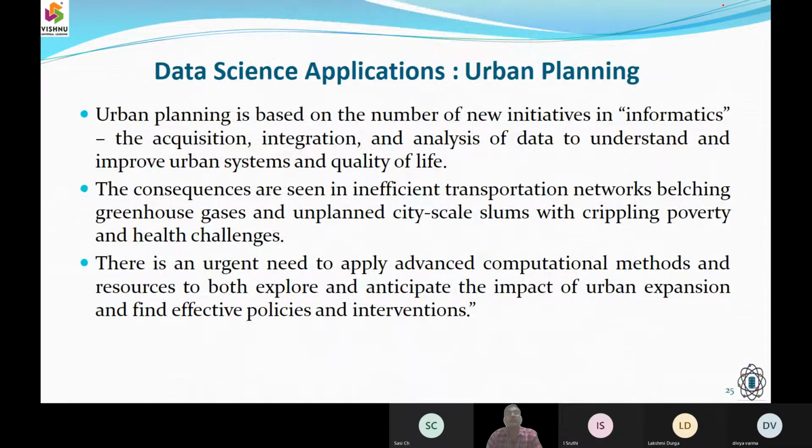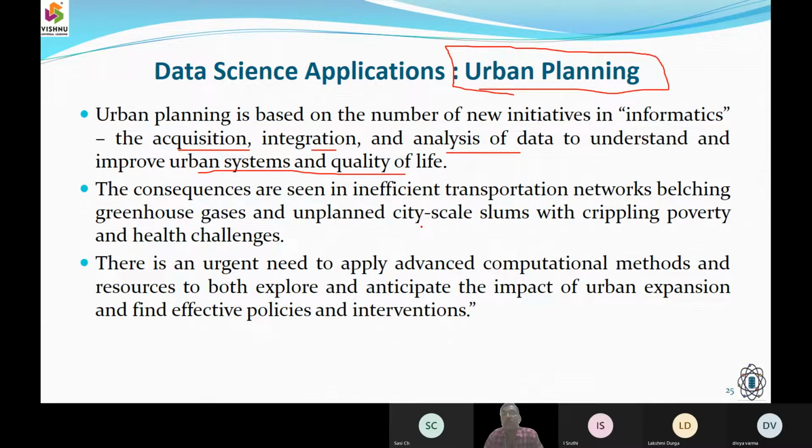Another area where data science has application is urban planning. In urban planning, the main intention is to formulate quality of life. How we give quality of life involves land acquisition, integration, and analysis of data, such as locations, etc. Everything is monitored by geosatellites, and data is provided.